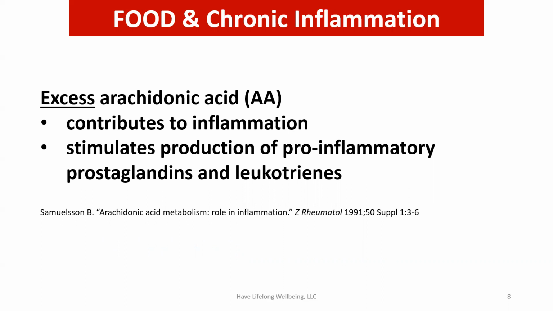So, I'm not saying you have to be vegan. I'm just saying if you're consuming animal foods 3 times a day, 7 days a week, you are promoting chronic inflammation in your body. So you may just do a little experiment: stop animal foods for a few days and see if you feel better. I'm not telling you to go 100% vegan, but do a little experiment, right? It does contribute to inflammation. It stimulates production of pro-inflammatory chemicals.